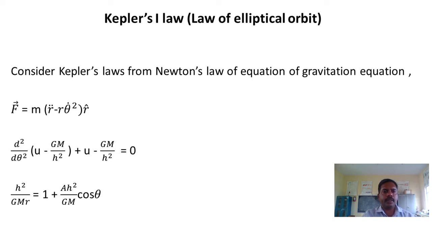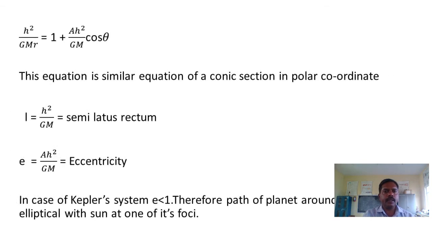That is, h square by GM r equals 1 plus A h square by GM into cos theta. This equation is similar to the equation of a conic section in polar coordinates.